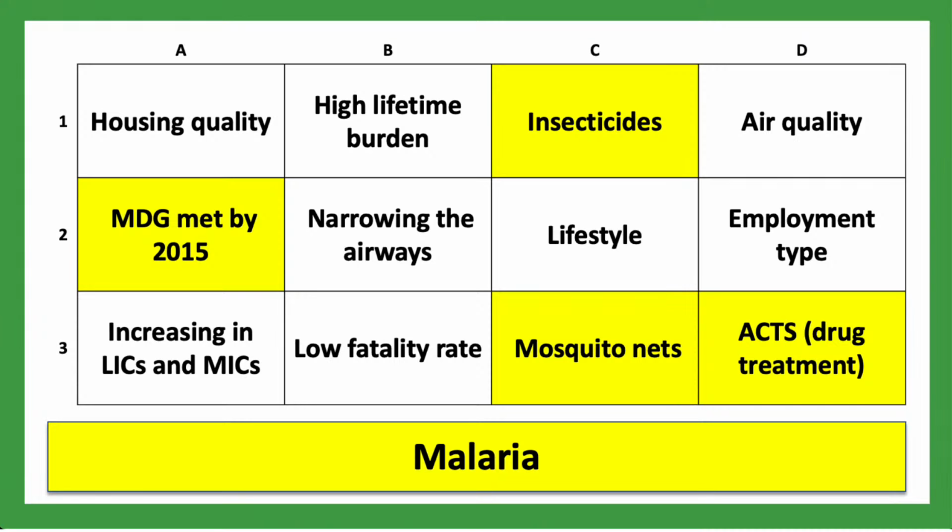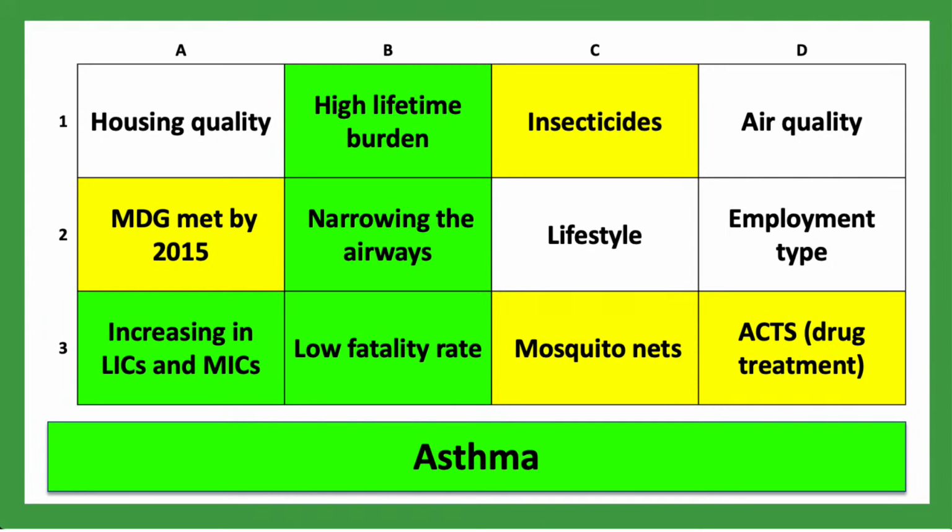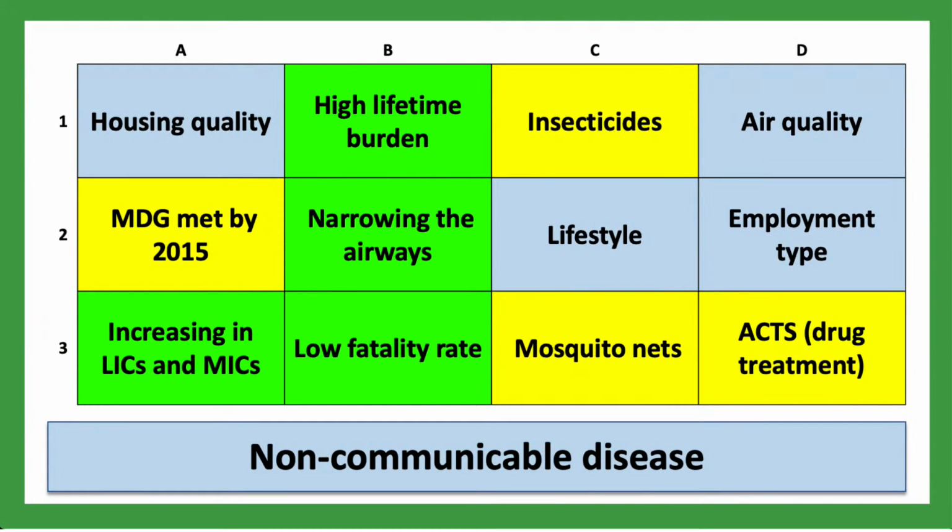Another group, has anyone got another group? Let's see, it's asthma. So the 4 things in common for asthma would be high lifetime burden, narrowing of the airways, low fatality rate, increasing in LICs and MICs, which leaves the final group, which you can see, they will change colour any moment now.